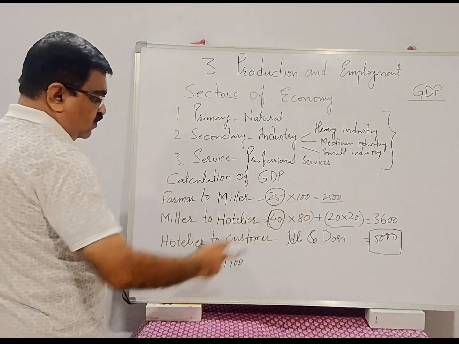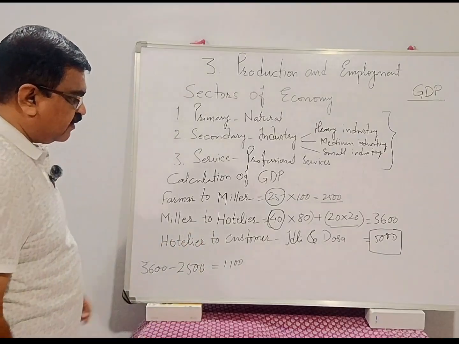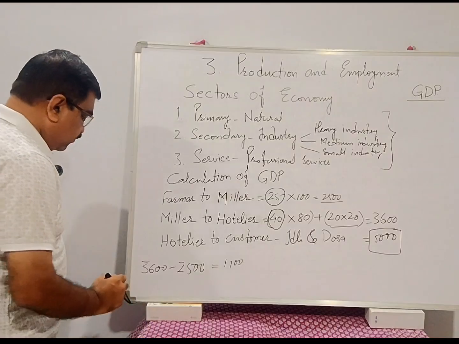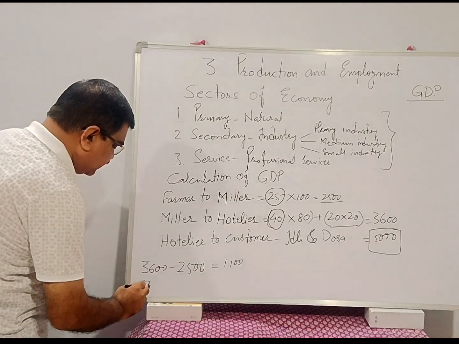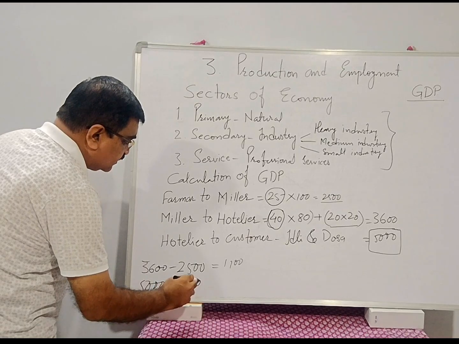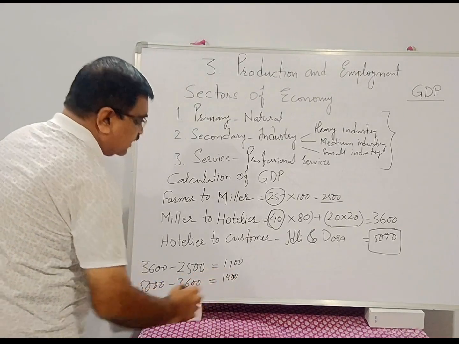Now the hotelier has prepared idli and dosa from that rice and sold at the cost of 5,000. When we deduct 3,600 from 5,000, we will get 1,400.